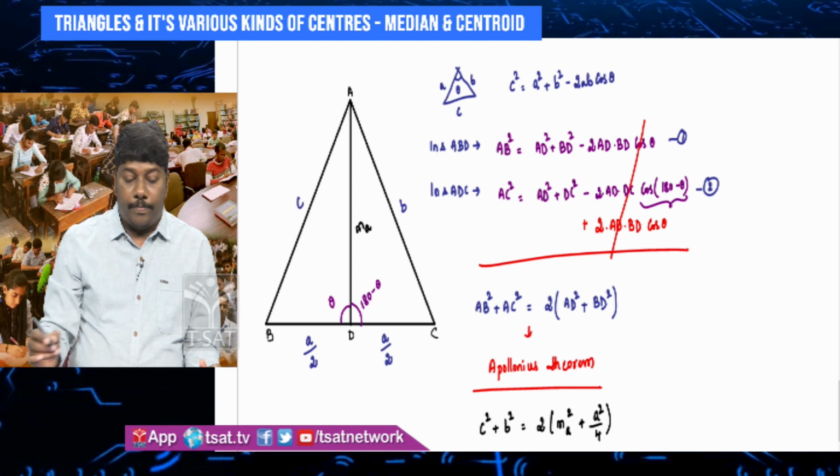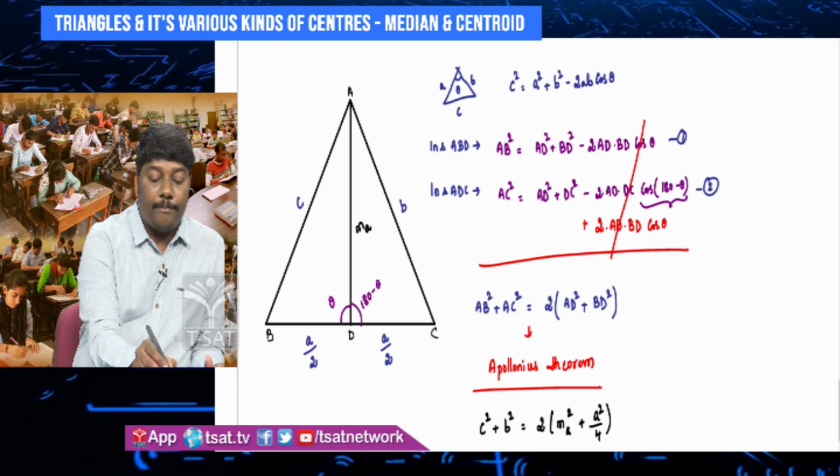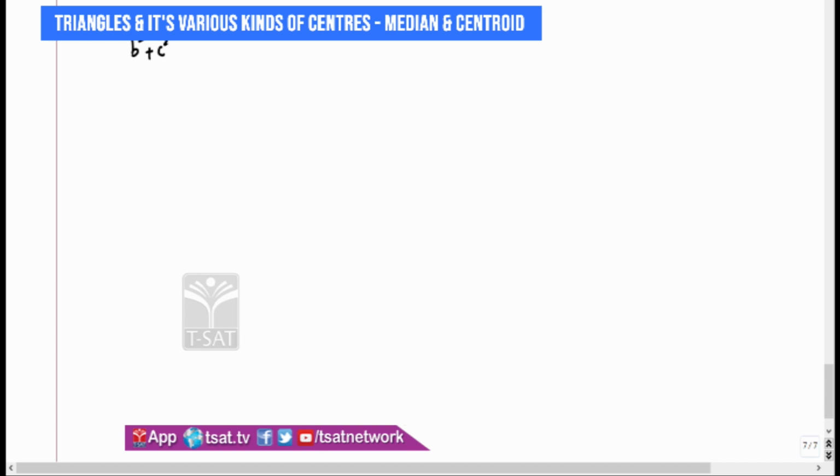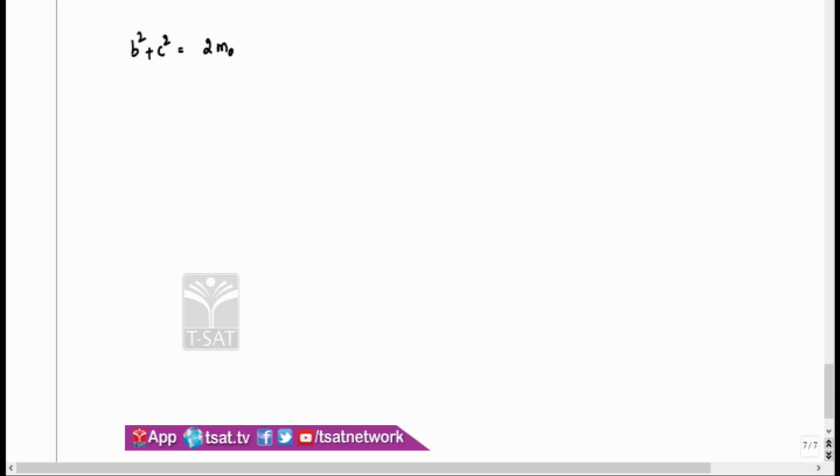Multiplied with 2, it becomes b square plus c square is equal to 2 ma square plus a square by 2. Again multiply it with 2: 2b square plus 2c square is equal to 4ma square plus a square. We have multiplied it with 2 on both the sides.